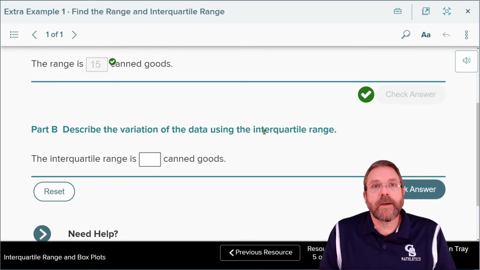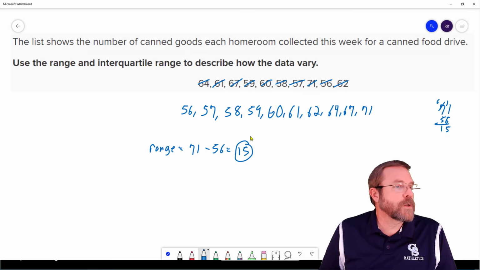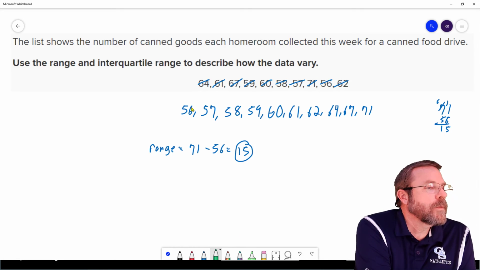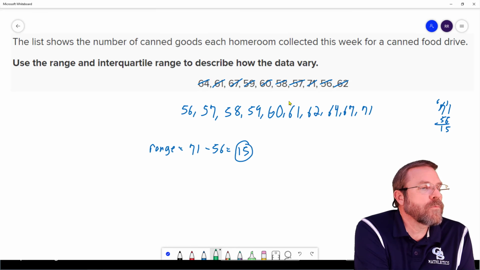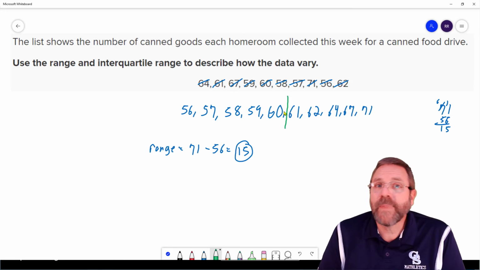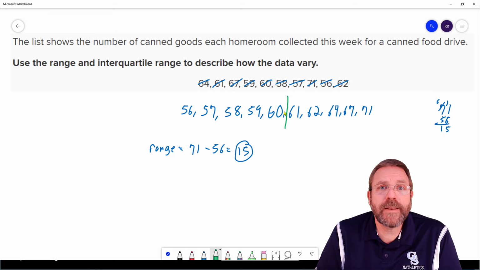Next, it says describe the variation using the interquartile range. That means I need to find the median, quartile 1, and quartile 3. There are 10 data values, so the median is going to be right here between data value 5 and data value 6. But here's the cool part: I don't even have to find that data value.